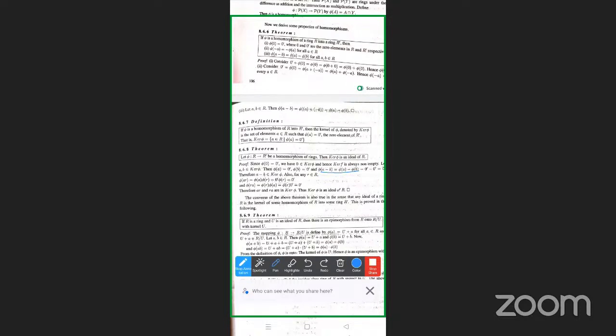So this is by using the homomorphism condition, the first condition of homomorphism: pi of a plus b is equal to pi of a plus pi of b.